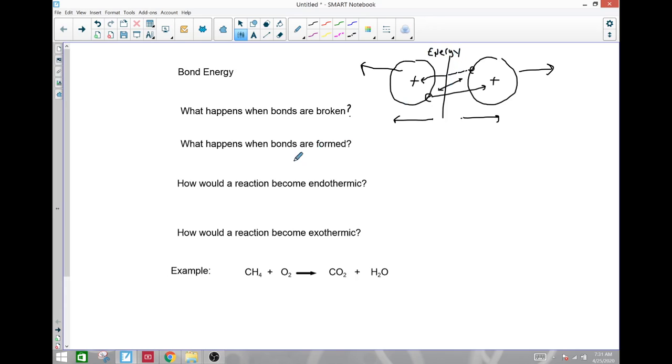So the biggest thing people don't realize is that when bonds are broken, energy needs to be added to the system. So if you have a reaction that only breaks bonds, you're adding energy to your system, and you should realize that this is endothermic.